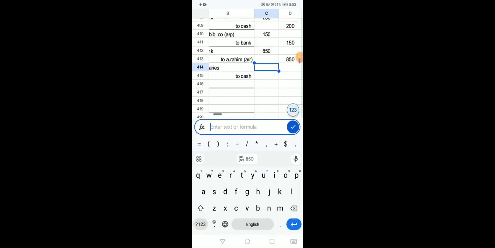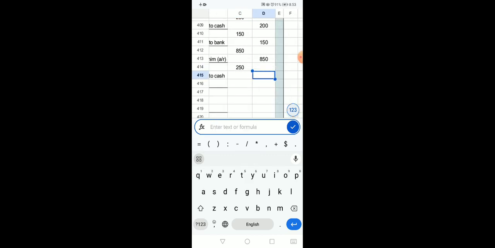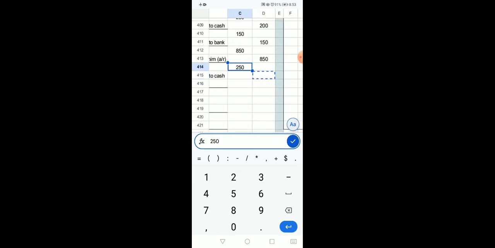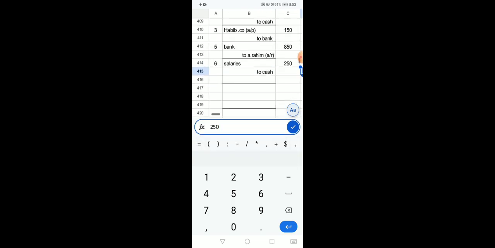This is 250. So you are going to write 250 on the debit side, and the same amount on the credit side. This way you have completed your entry number 6.